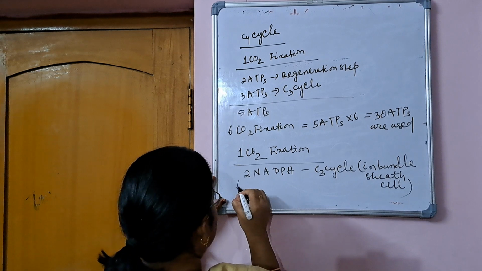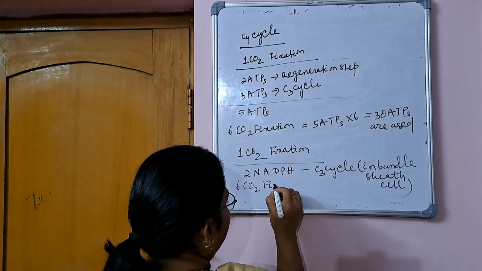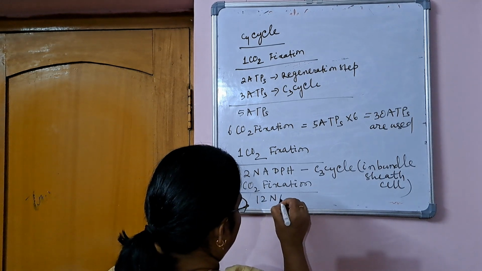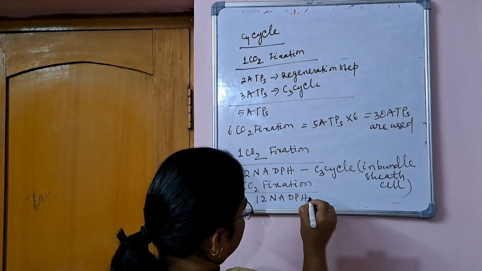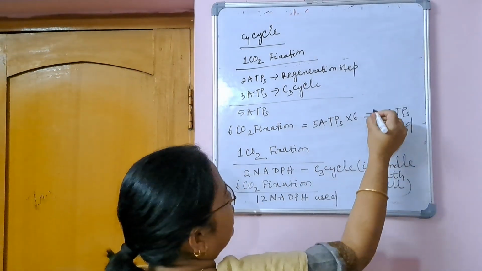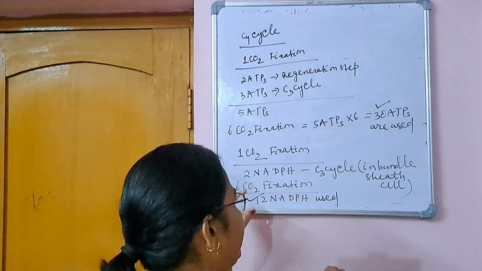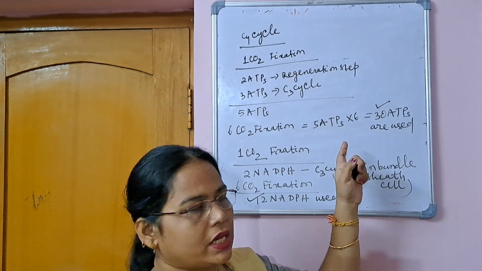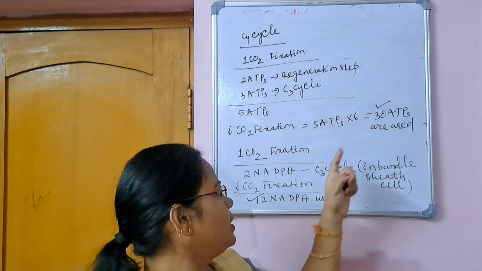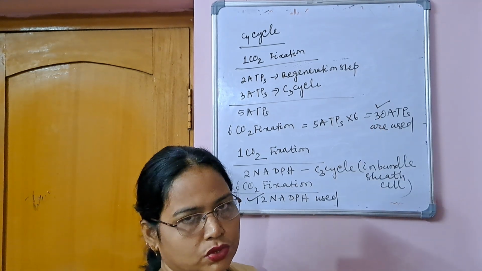And for 6 CO2 fixation, there will be 12 NADPH used. Now here you see 30 ATPs and 12 NADPH are used. But in case of the C3 cycle, 18 ATPs and 12 NADPH are used.